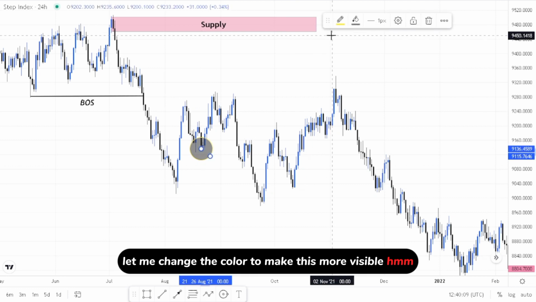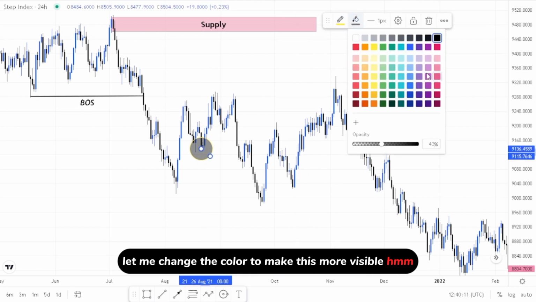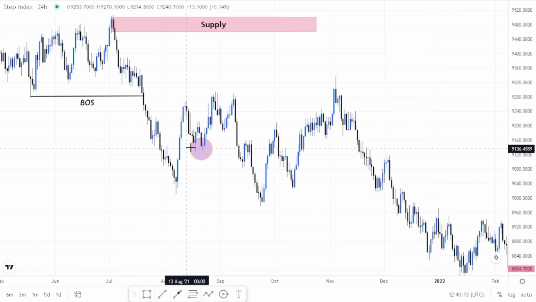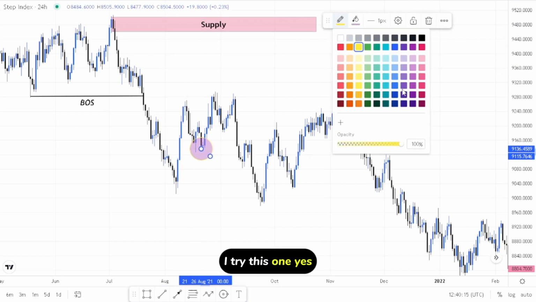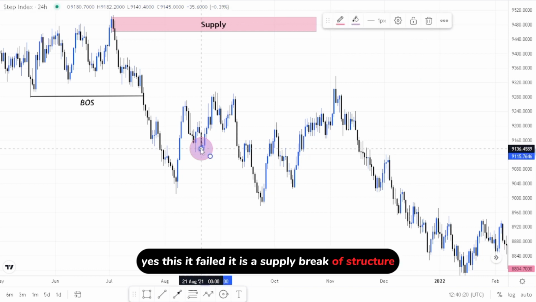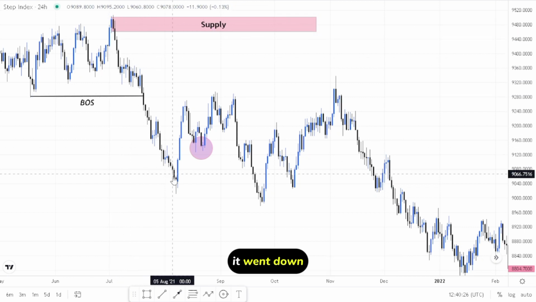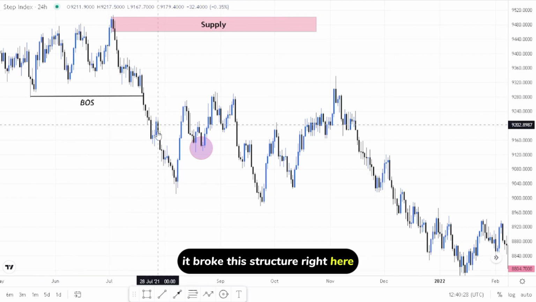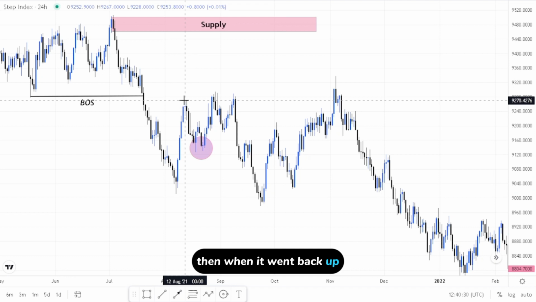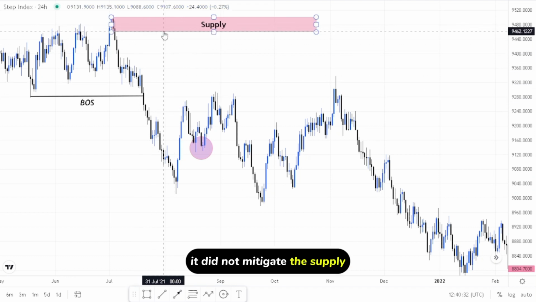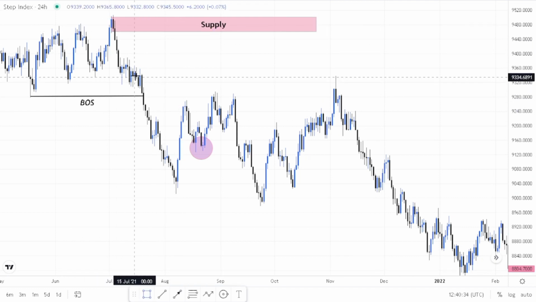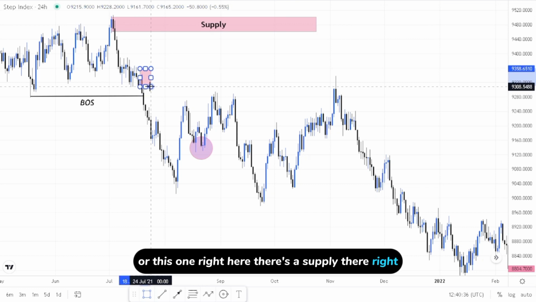Let me change the color to make this more visible. Yes, it failed. It is our supply, break of structure. It went down, broke this structure right here. Then when it went back up, it did not mitigate the supply, or this one right here.